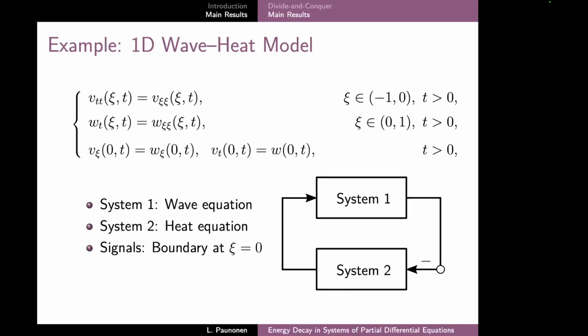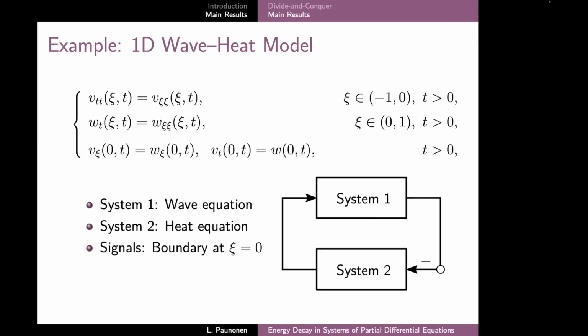And in this situation, for our model, we can define system 1 to be the wave equation defined on the first line, and system 2 we define to be the heat equation. And then the exchange of signals between the two systems is determined by these two coupling conditions.